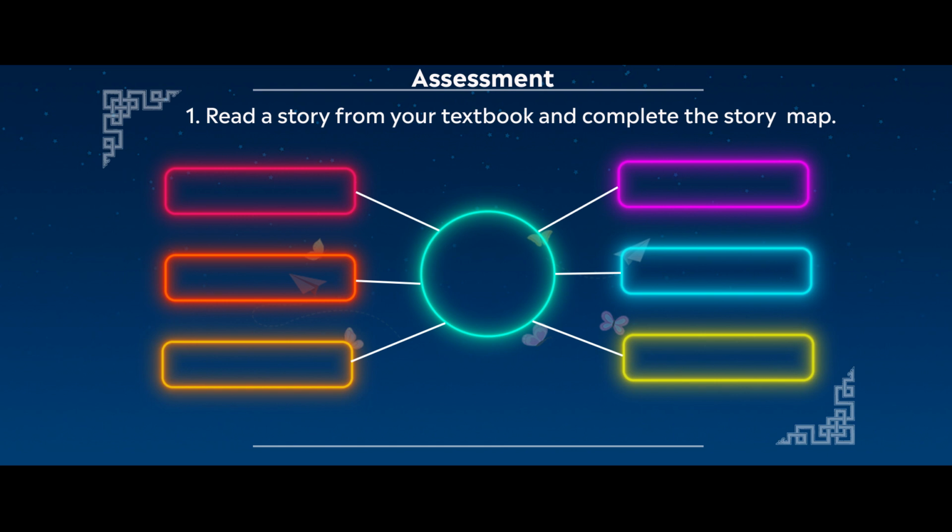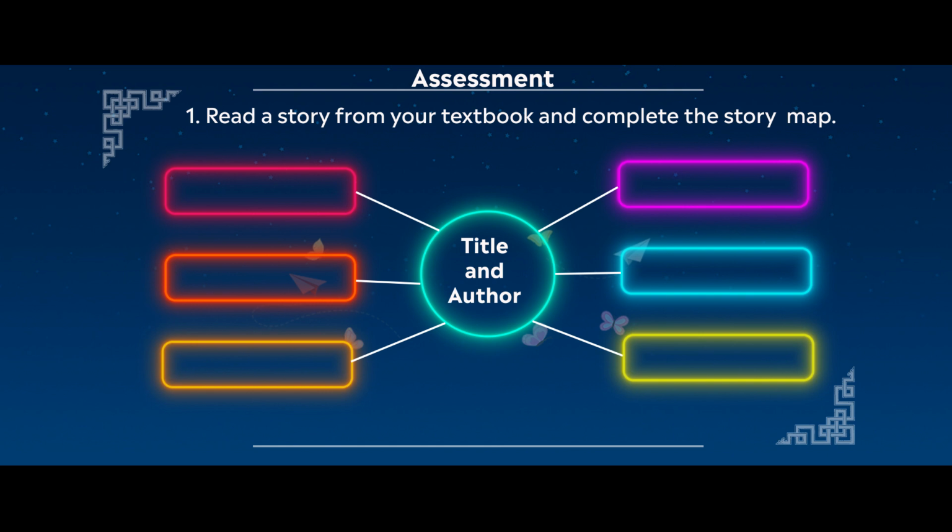So I have used a mind mapping. In this center, you are going to write the title of the story and the author, name of the person who has written the story.